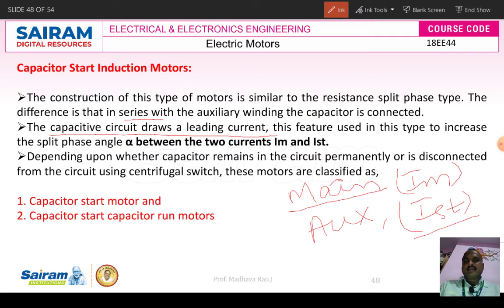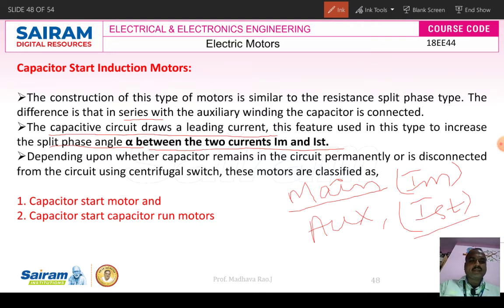The split phase angle is between the two currents IM and IST, depending upon whether the capacitor remains in the circuit permanently or is disconnected from the circuit using a centrifugal switch.